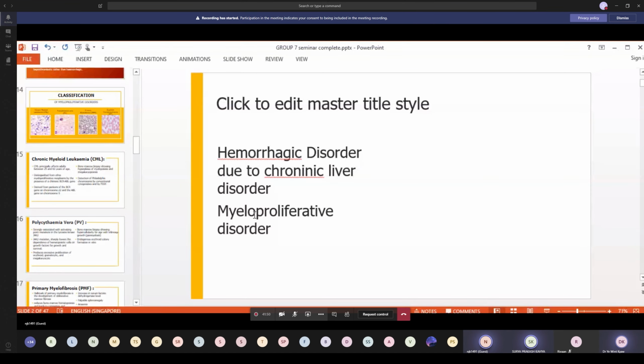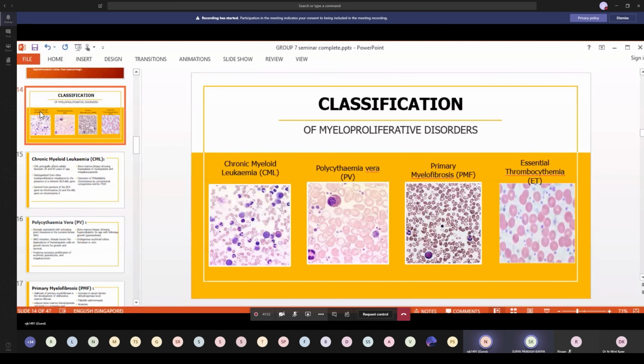The myeloproliferative disorder leads to 4 kinds of disorder, which will be explained by the next speaker, Nashi. So I make a brief introduction. These are the 4 myeloproliferative disorder classifications: CML, PV, EAF, and ET.